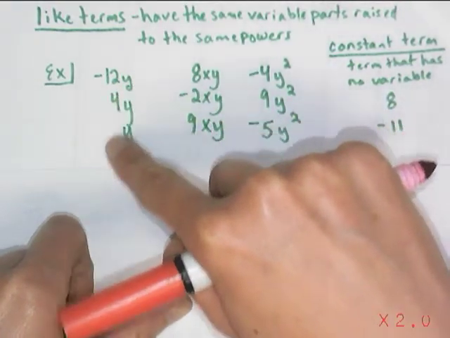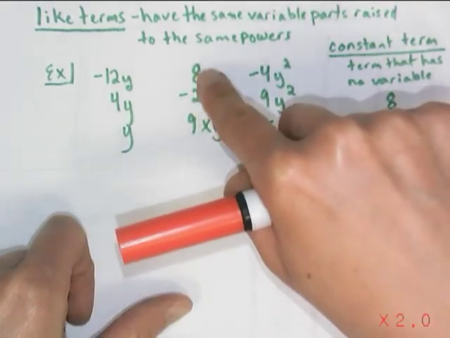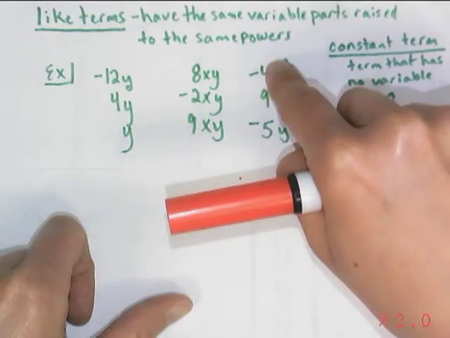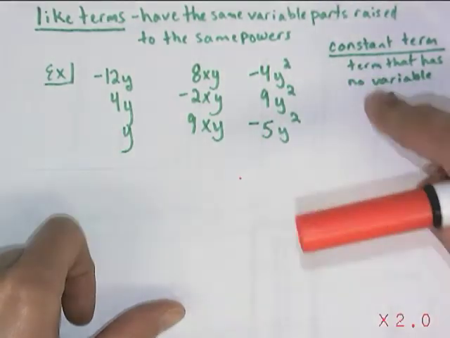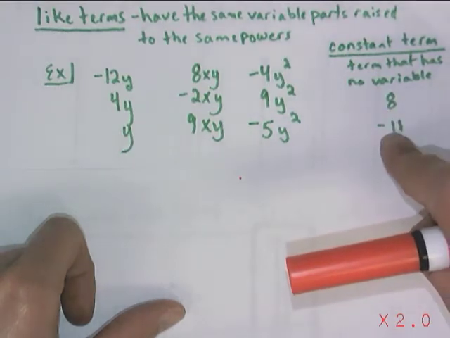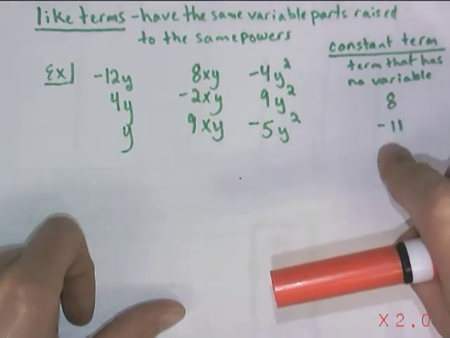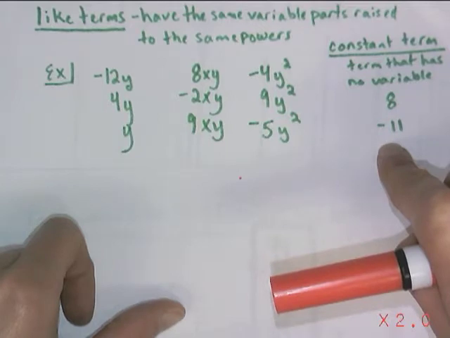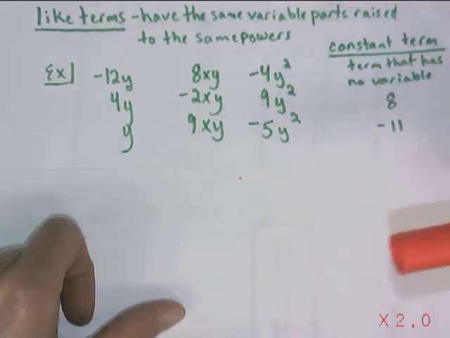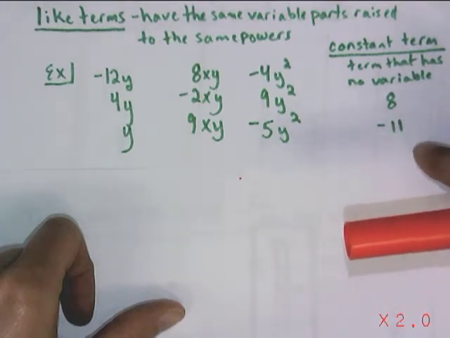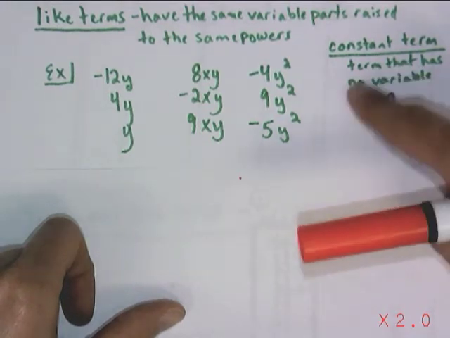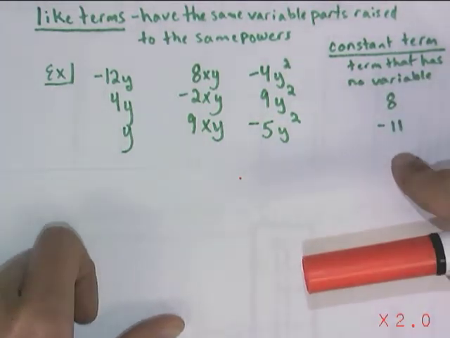So only these are able to be combined, and because these are like terms, we can combine them. If you look at this final set of numbers, we would refer to these as constant terms, which are terms that have no variables in them. So constant terms are just numbers, and they form a like term category of their own.